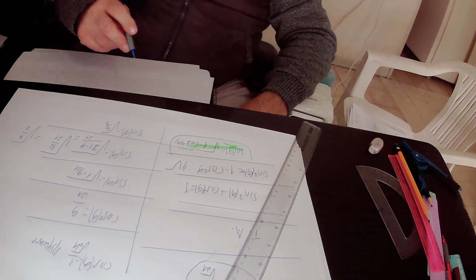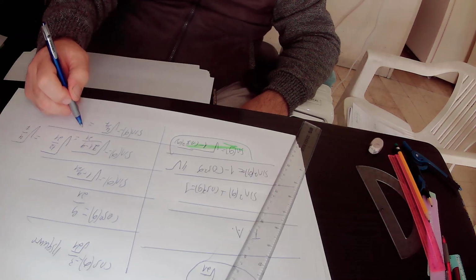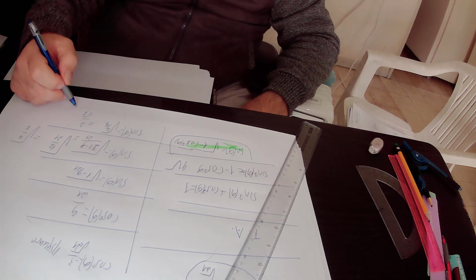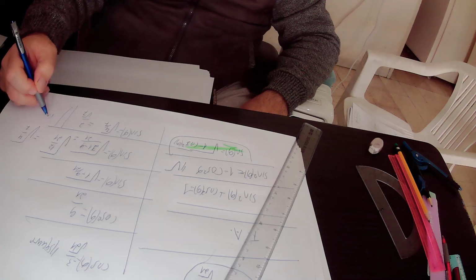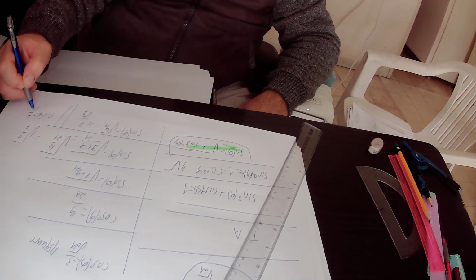Here we take 4 out of the root. The square root of 4 is 2. Inside the root we are left only with 7. So in total we should find out that sine alpha equals 2 over square root of 7.